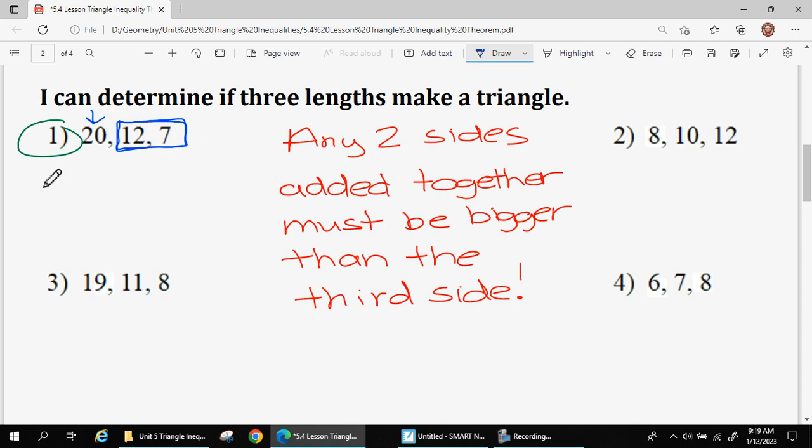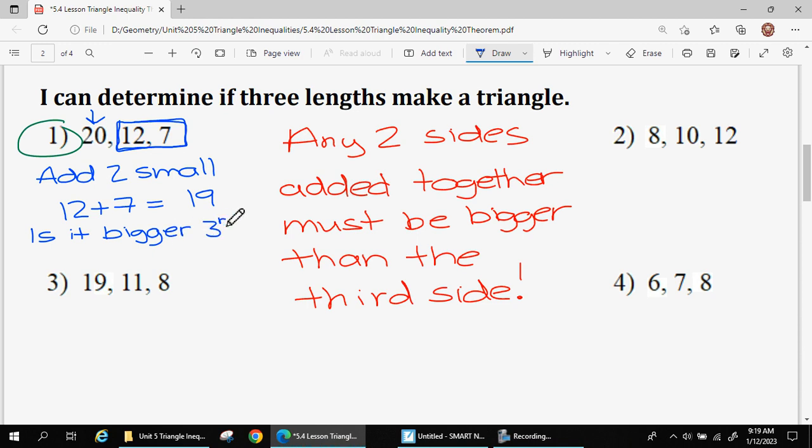So we're first going to add the two small sides, 12 plus 7, and that gives us 19. And then we're going to ask ourselves, is it bigger than the third side? I know my language is a little rough here, a little shorthand.